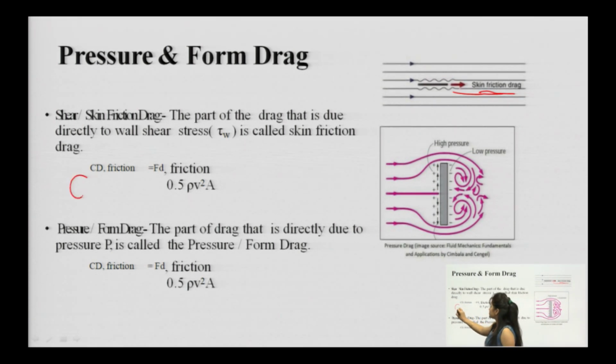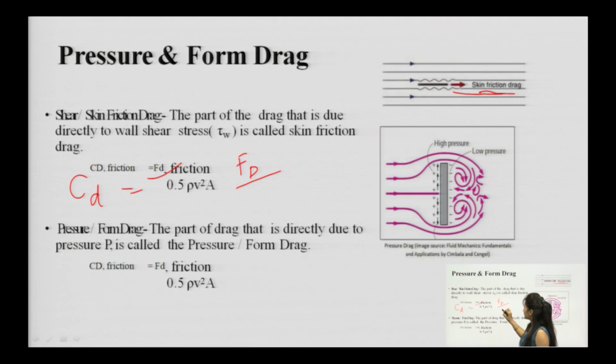Here the coefficient of drag is CD equals the drag force divided by 0.5 rho V squared A, where rho is the density of the fluid, V is the average velocity and A is the cross sectional area. This will be nothing but the coefficient of drag. This is how you can calculate the skin friction.